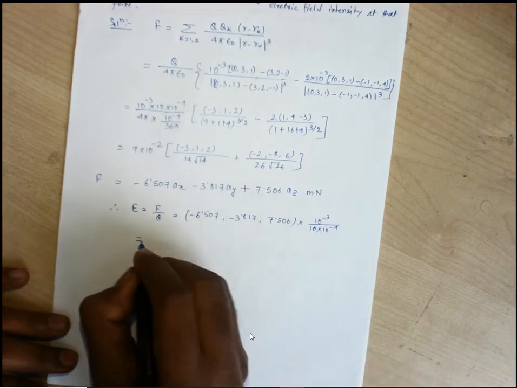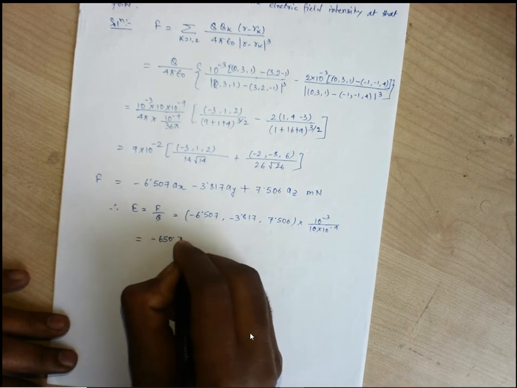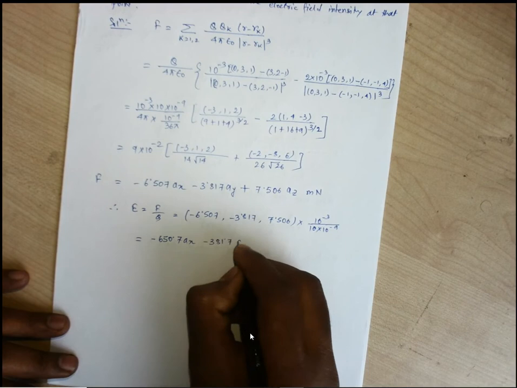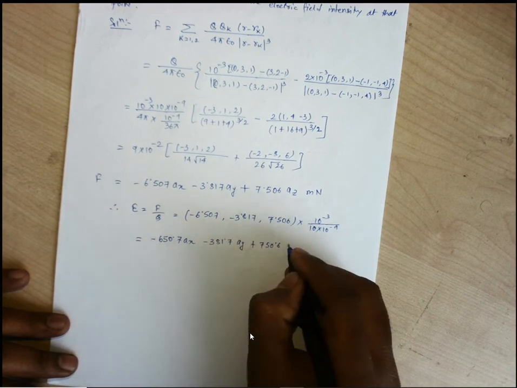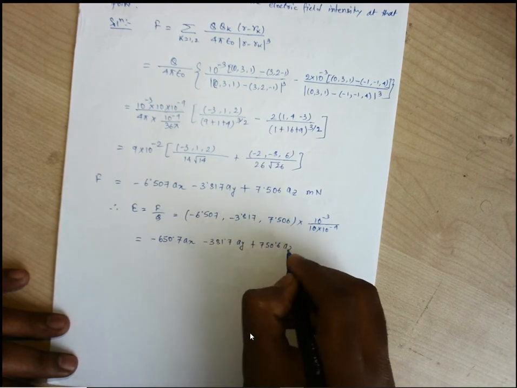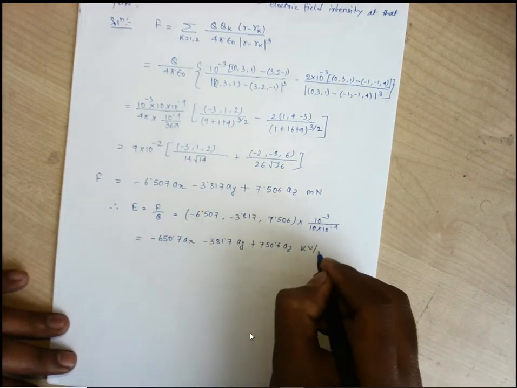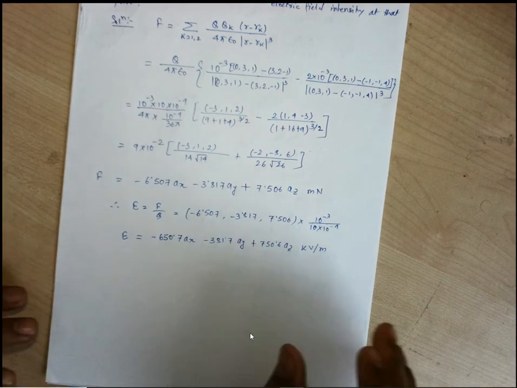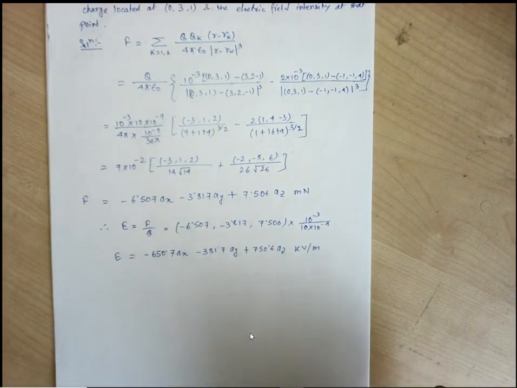So it comes as minus 650.7 ax minus 381.7 ay plus 750.6 az. What is the unit? Unit is kilovolt per meter. Okay, so this is the concept. Using our concepts, we can easily solve all those things. So it is a little bit of a recap.